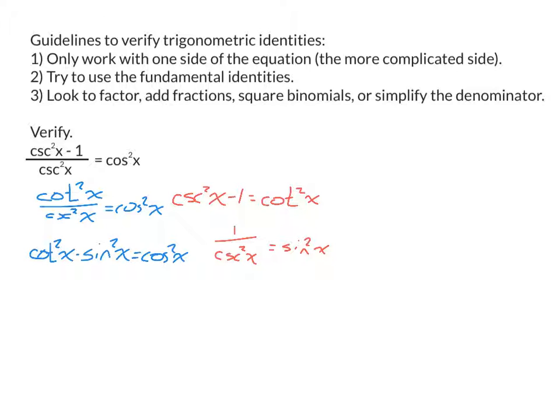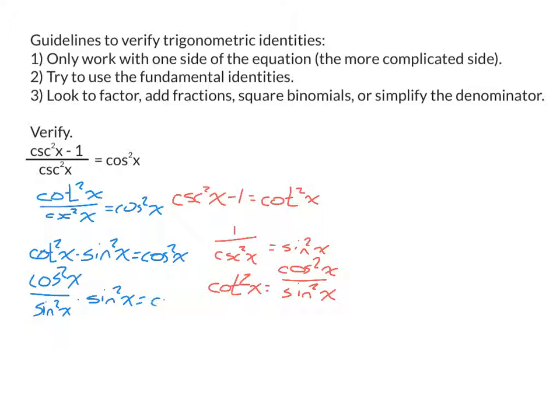Cotangent squared is the same as cosine squared divided by sine squared. And so I can turn the cotangent squared into cosine squared of x divided by sine squared of x, times sine squared of x, equals cosine squared of x.